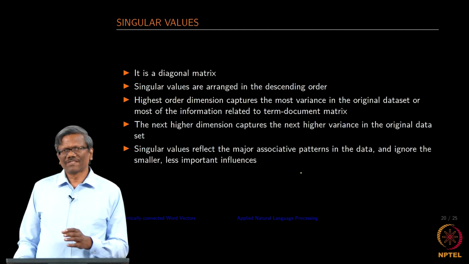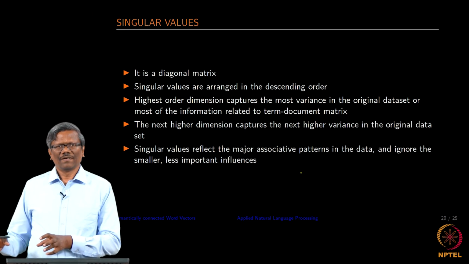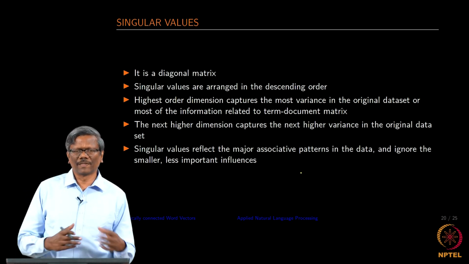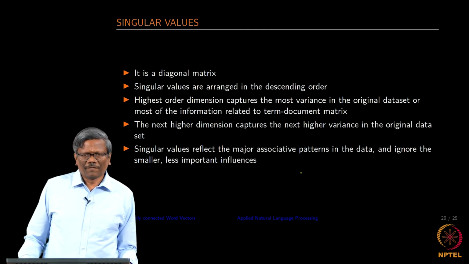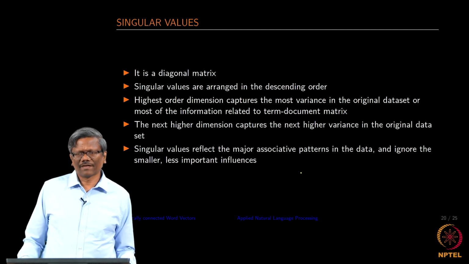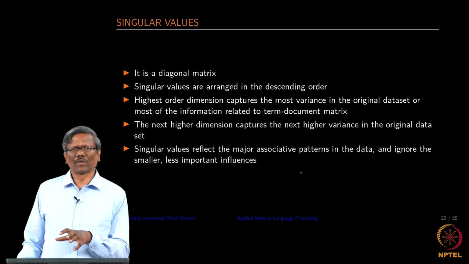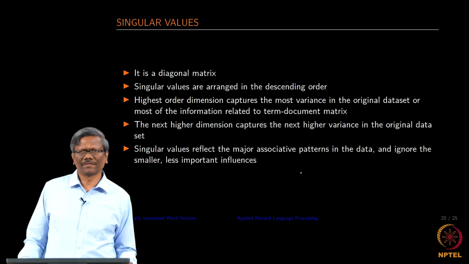And then the second one captures the next set. If you try to find out how these axes are aligned, sigma 1 and sigma 2 are aligned along totally different axes.